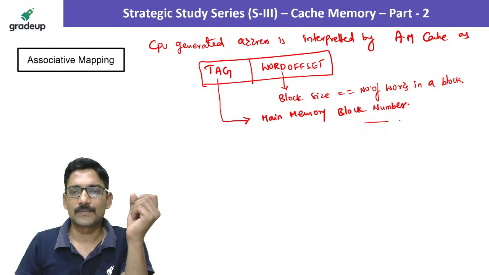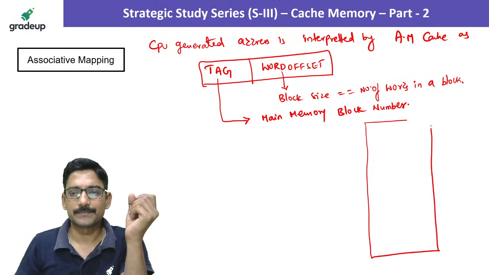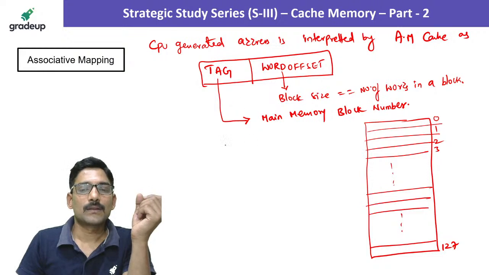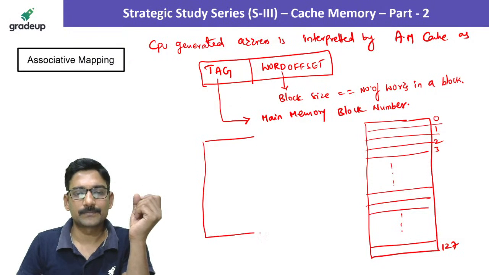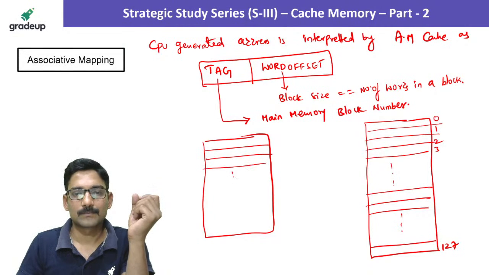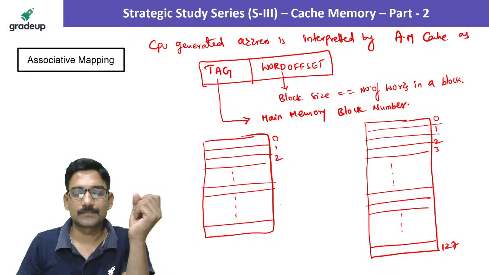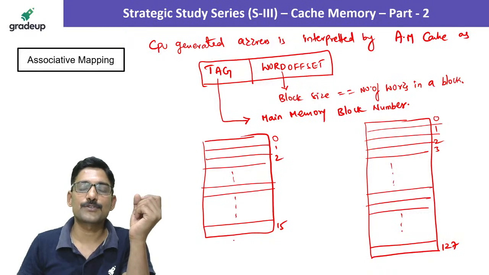Let us see. Suppose this is main memory and this is cache memory with 16 blocks.